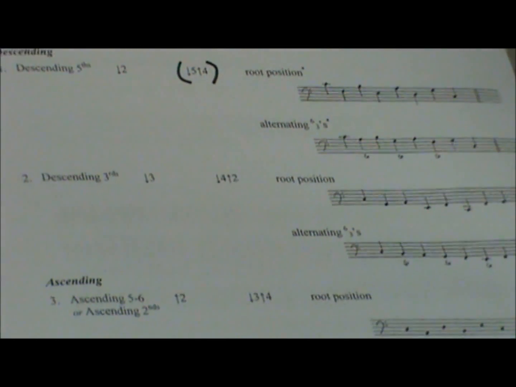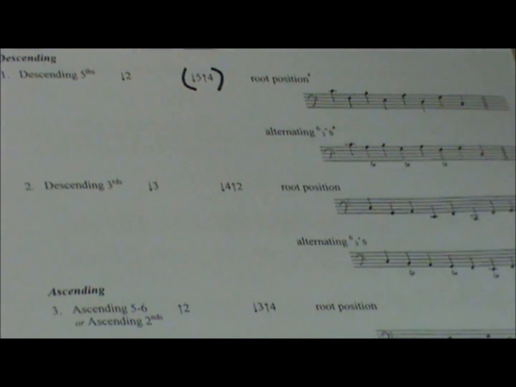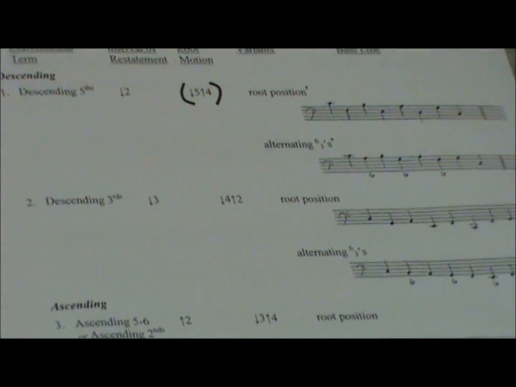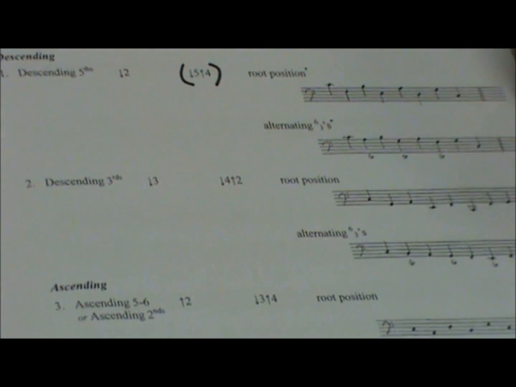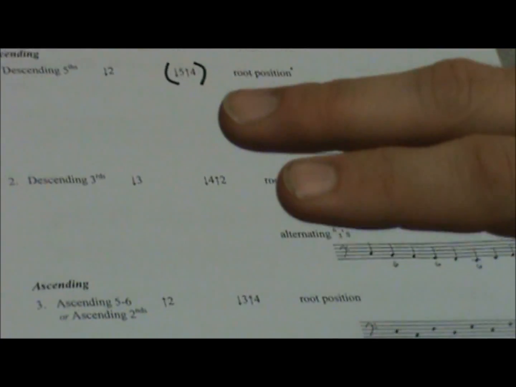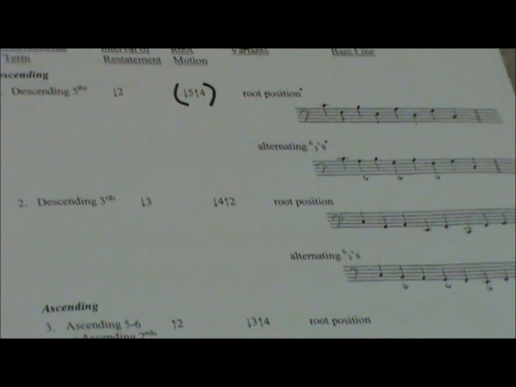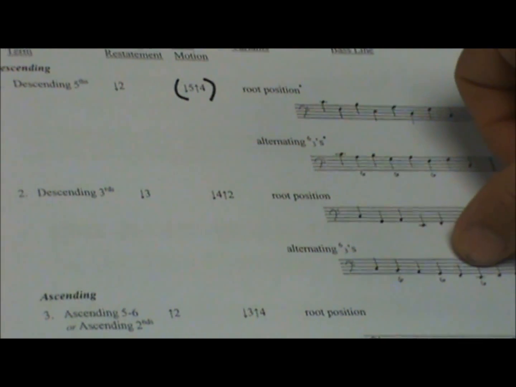Other times, just hearing the bass line will tell you exactly what it is. So if I hear descending, stepwise descent in the bass, there's only one sequence out of this bunch that does that, and it's this one. So in some cases, knowing the bass line will tell you exactly what sequence it is, and you're done. Now it's true that there are some ways that I could do another kind of sequence that has this bass line.